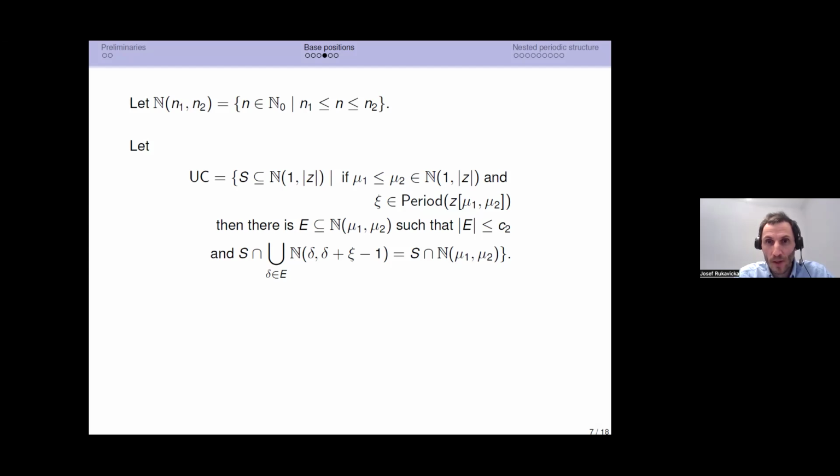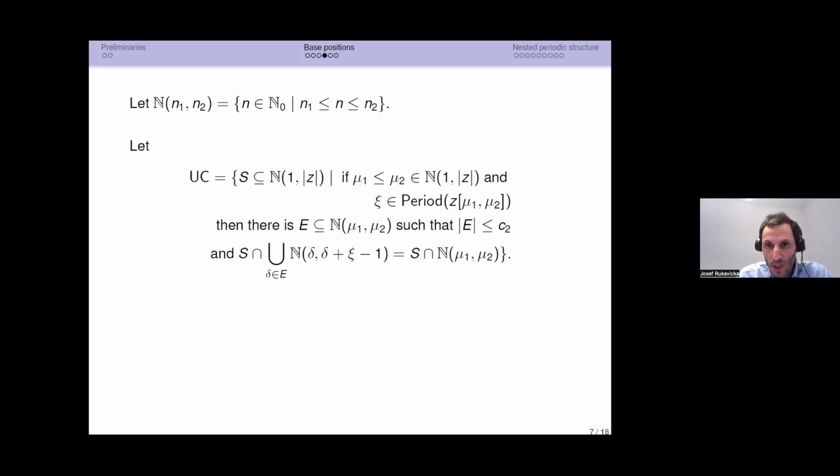And if this factor has a period, if this factor is periodic with the period xi, this is the second line of the definition, then I require that there is a set E, also a set of positions, such that the size of the set E is smaller than some given constant. In the paper, it is the constant 8.